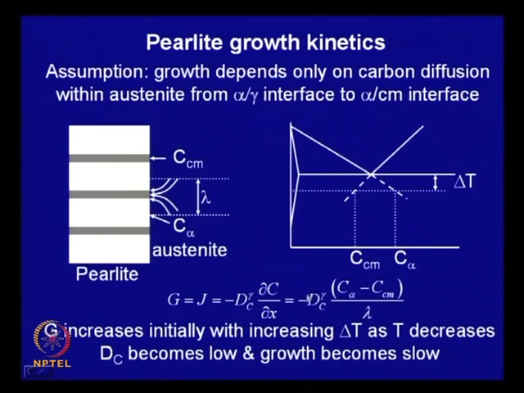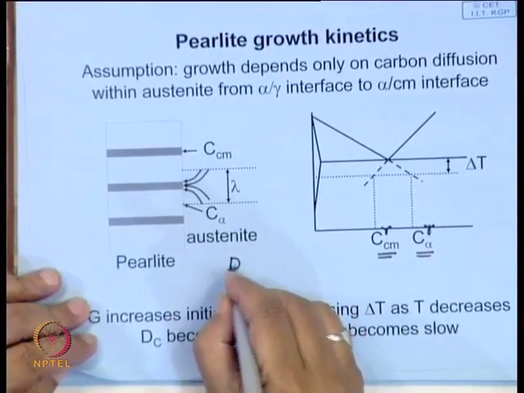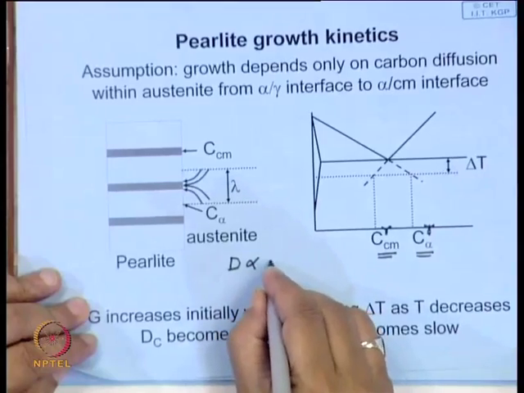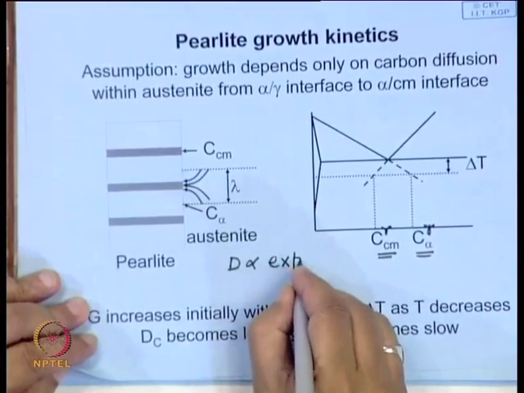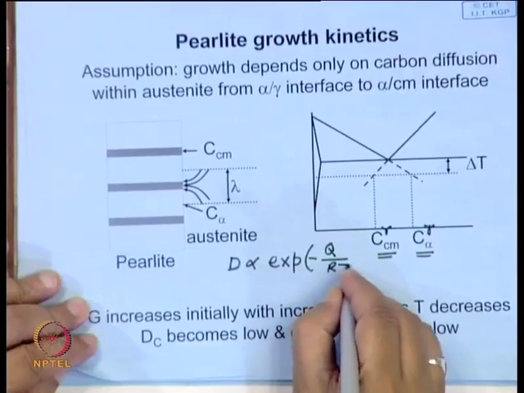And so, what happens is this growth rate depends on diffusivity, which is a function of temperature. We know that diffusivity is proportional to exponential minus activation energy over RT.